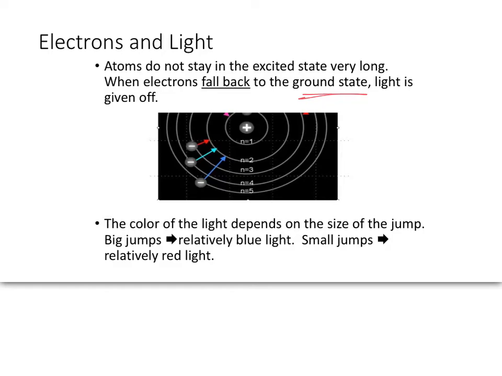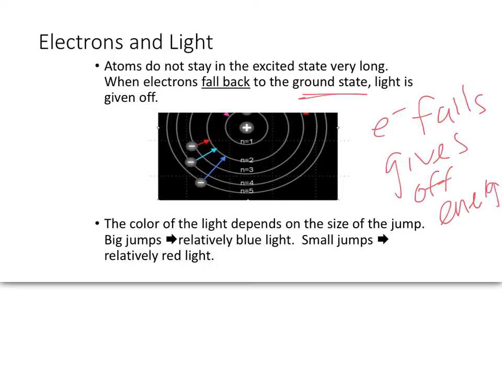So they don't want to be farther away from it. If they could have it their way, they'd be closer. Okay? So, when that happens, when the electron falls, it's going to give off energy. And in this case, it gives it off as light. It's not heat like the last unit we were on, but it's as light. Okay?